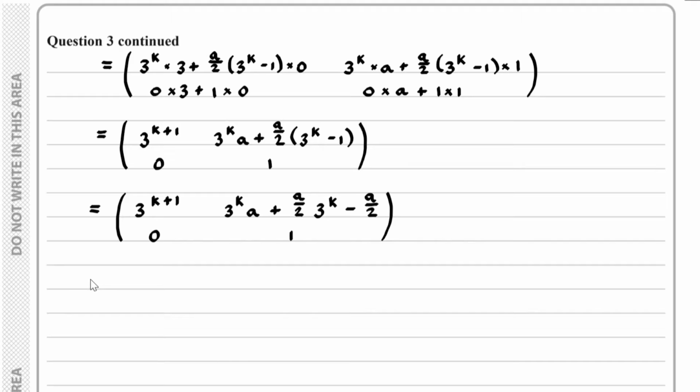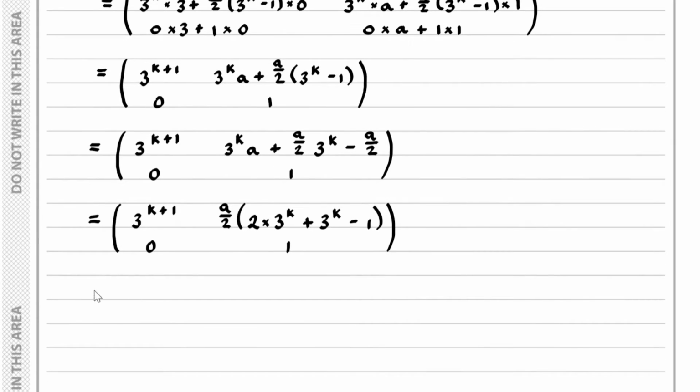So if I factorize out an a over 2, then inside the bracket we have 2 multiplied by 3 to the k plus another 3 to the k, subtract 1. Notice a over 2 times 2 times 3 to the k is just 3 to the k times a, and a over 2 times 3 to the k is a over 2 times 3 to the k, and a over 2 times negative 1 is negative a over 2, and then we've got this 1 here.